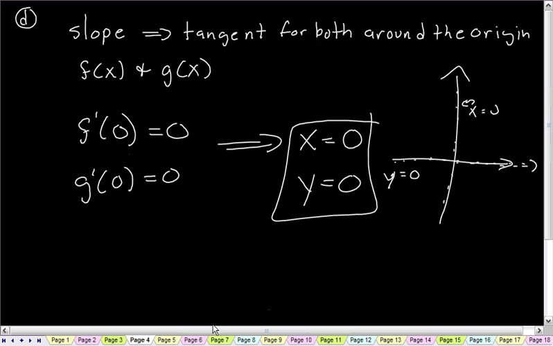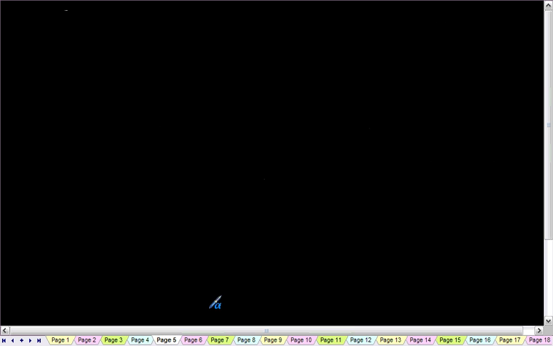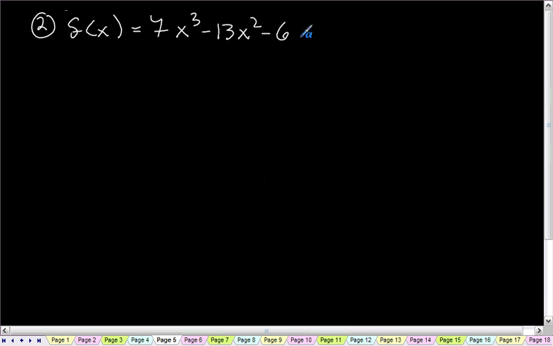is a little bit more complicated, and that's why they gave us this function. The function f of x is equal to 7x cubed minus 13x squared minus 6, as long as x is greater than or equal to 1.5.